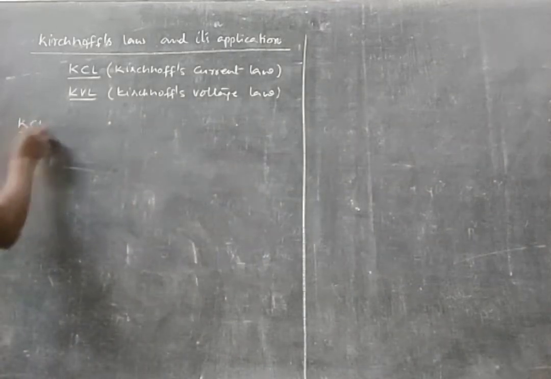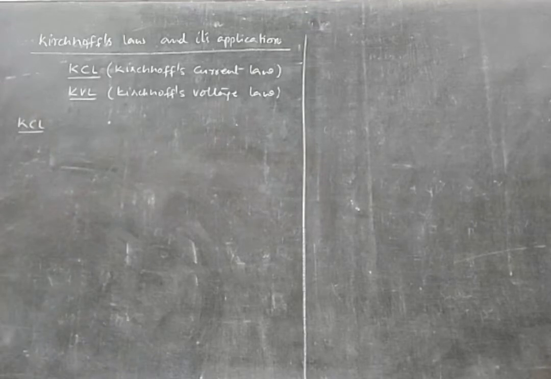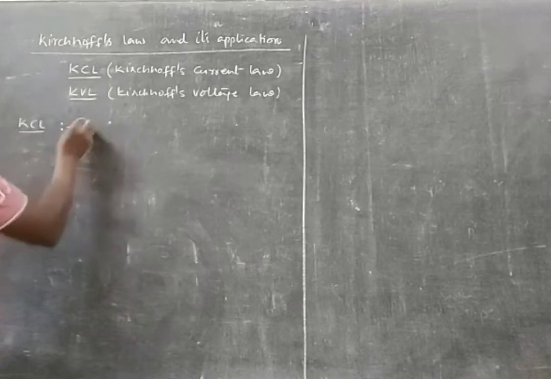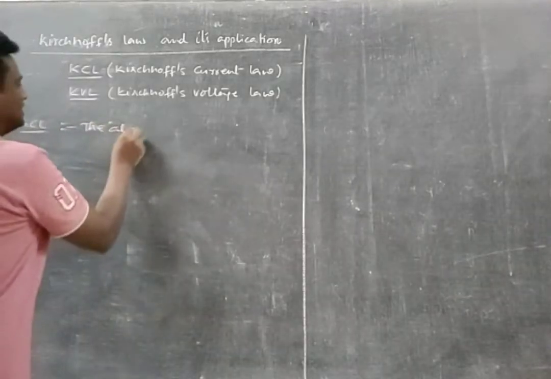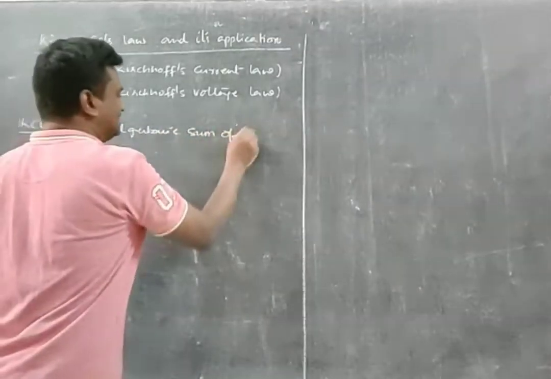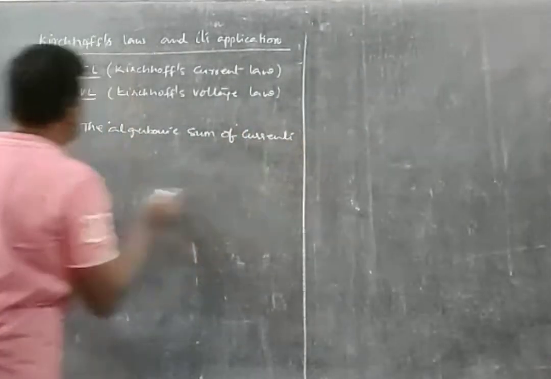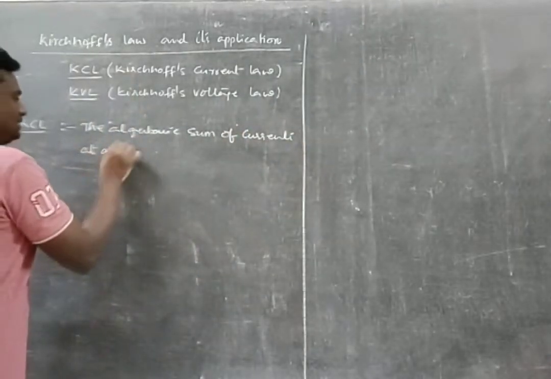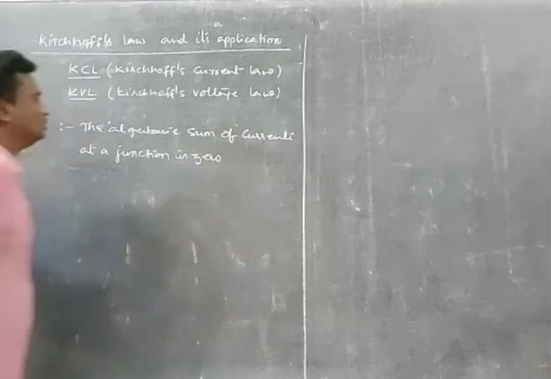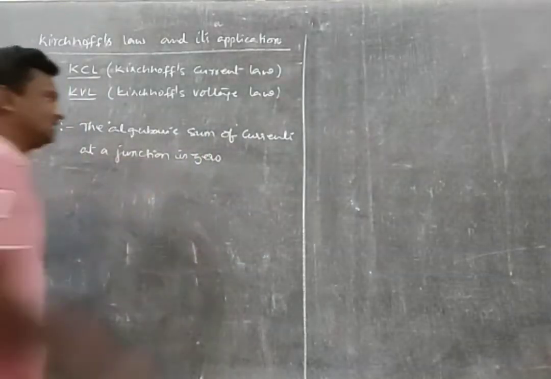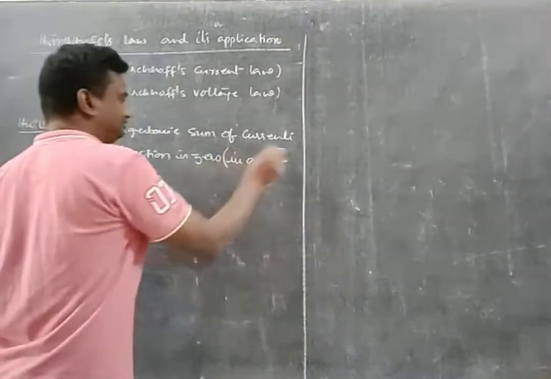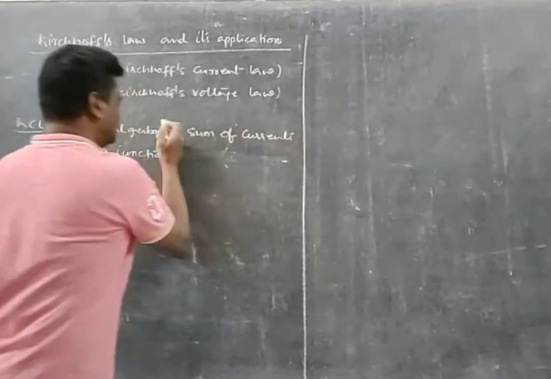What does KCL talk about? KCL, this first law, tells that the algebraic sum of currents at a junction in a circuit is 0.